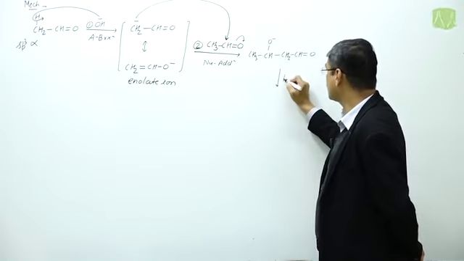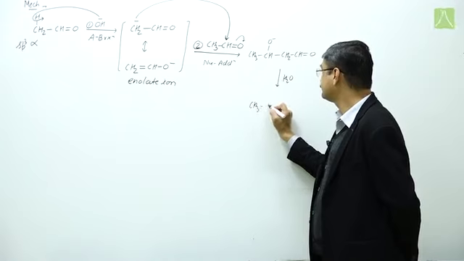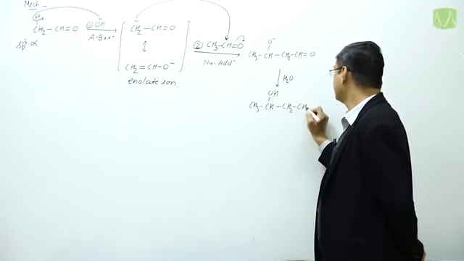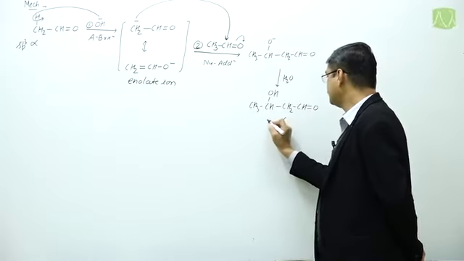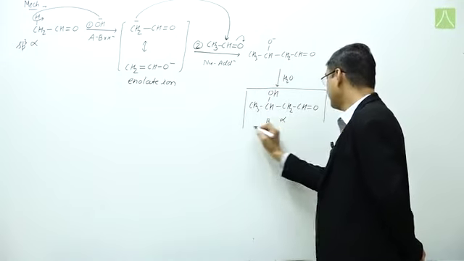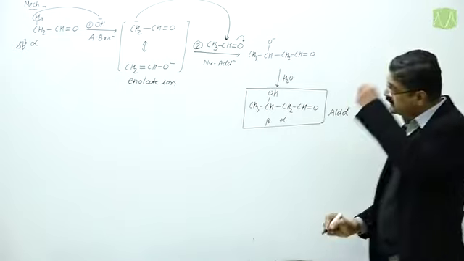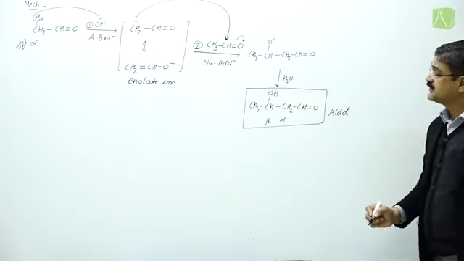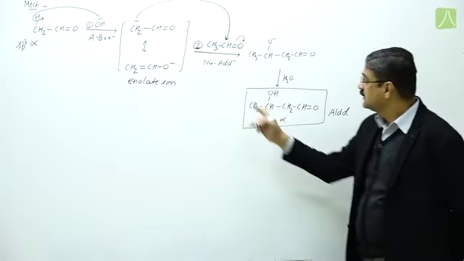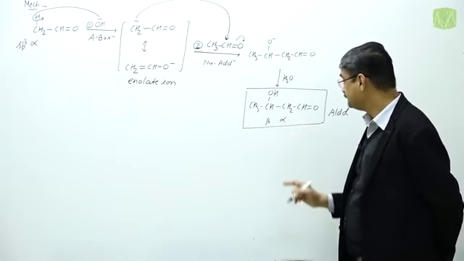And it gains a hydrogen and is converted into beta hydroxycarbonyl. This product is known as aldol. So to prepare aldol, there are 2 steps. Step 1, acid-base reaction, preparation of nucleophile. Step 2, nucleophilic addition, preparation of the product.